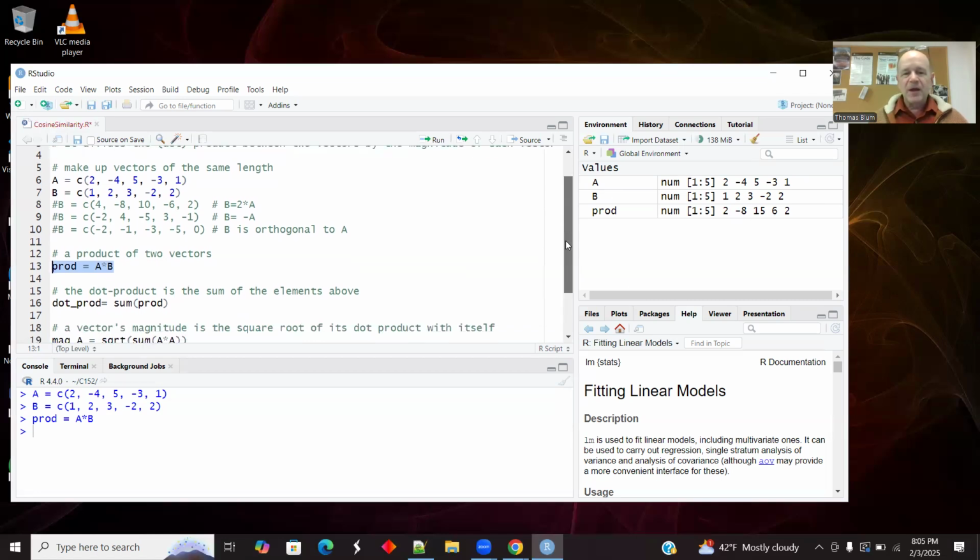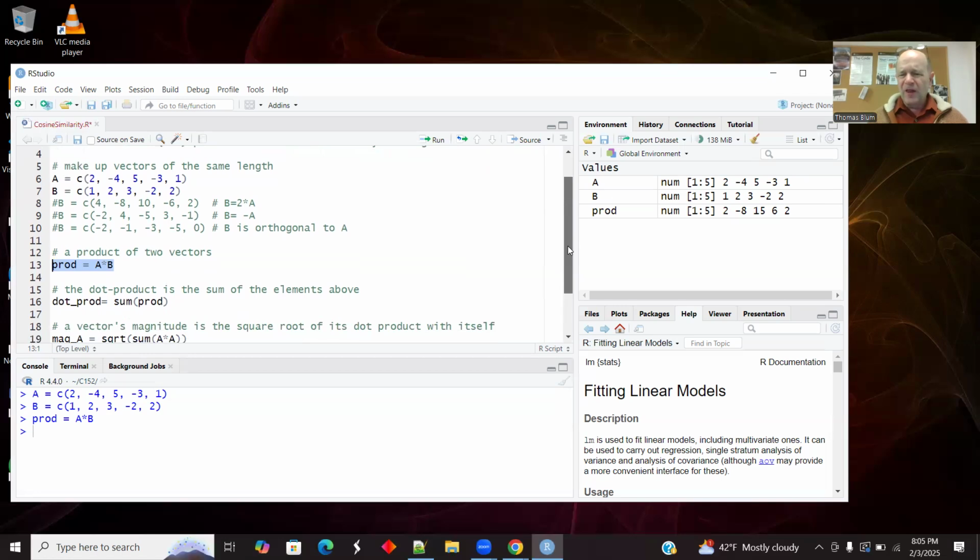There we go. Now to get what we call the dot product, we're going to just add up all of the elements in the product. So we can use a sum method here. And there are libraries. I just tend to work in raw R, whatever it gives me.